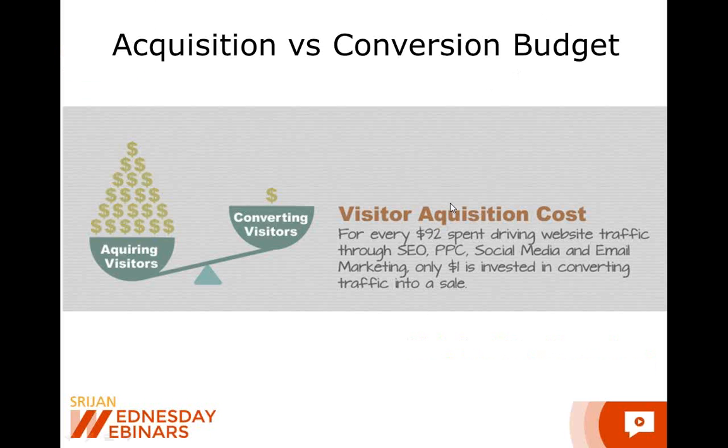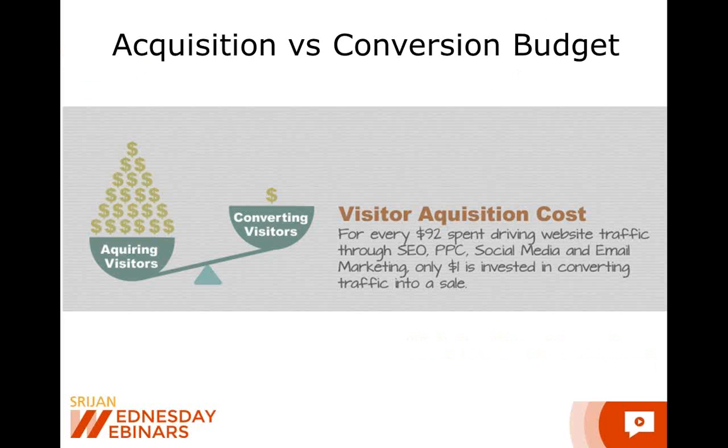So a quick slide. When I was researching for this webinar, I found this particular slide where I figured out that a lot of marketers spend a budget acquiring customers, which basically means buying clicks from various channels, which include your Google ads, email channels, your social channels, and the new channels of native advertising which is coming up, and so on and so forth.